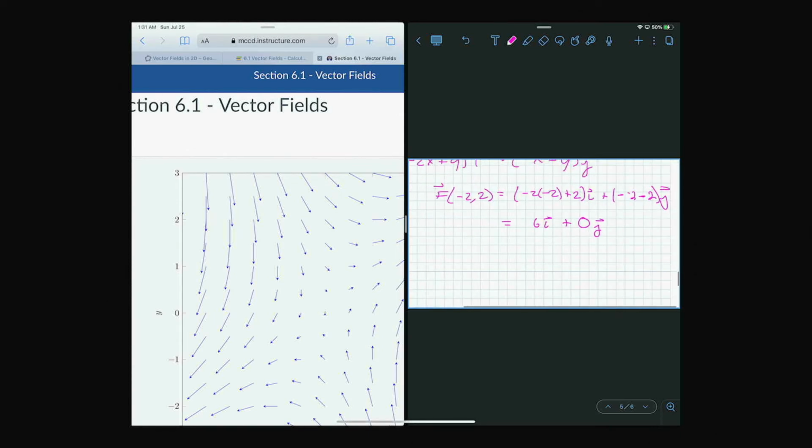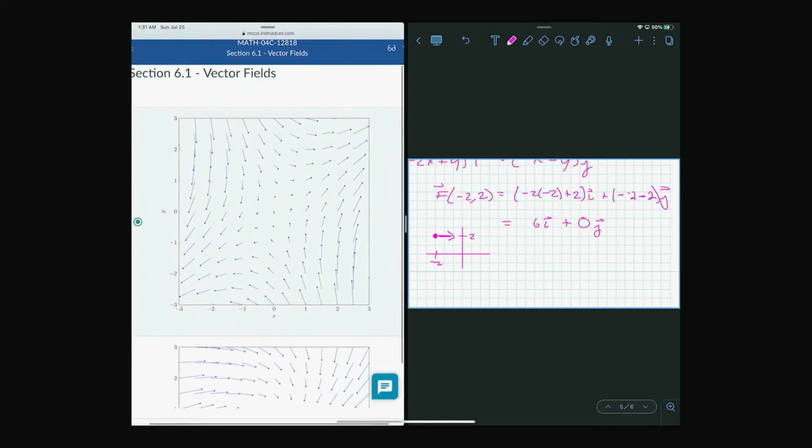So what does that point look like? What this is saying is that if you go out to negative 2, 2, you should see a vector pointing 6 in the x direction, 0 in the y direction. So it should be pointing straight to the right, the vector 6 comma 0.